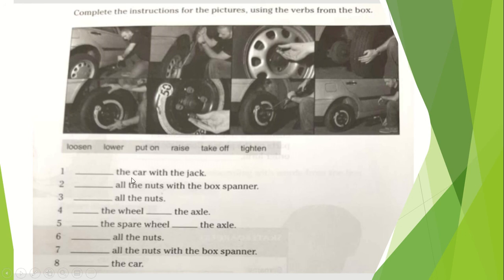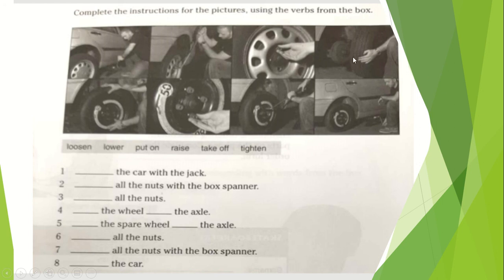Number 1, the car with the jack. So this is picture number 1. 2, all the nuts with the box spanner, as you see here in this picture. 3, all the nuts. Look at the person here, he is removing the nuts for the wheel, the axle.